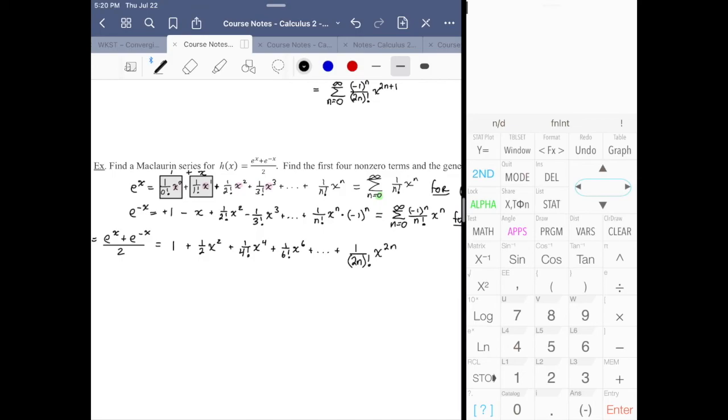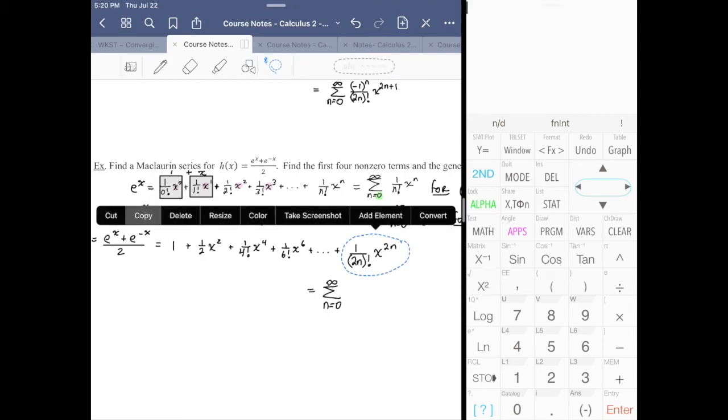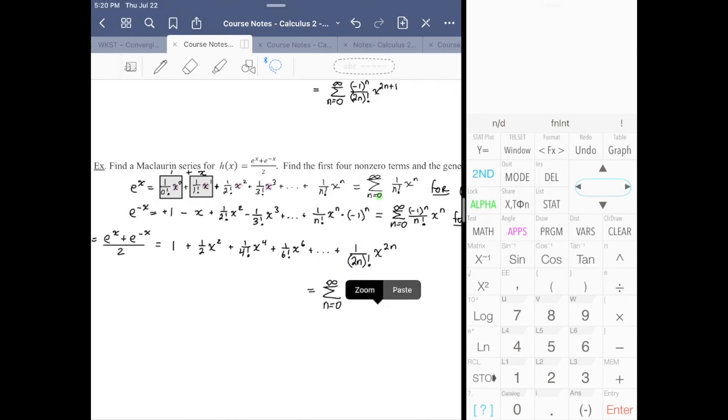So replace n with 0, it checks out. Replace n with a 1, it checks out. Replace n with a 2, 1 over 4 factorial x to the 4th, it checks out. So this amounts to the sum from n equals 0 to infinity of this whole expression.